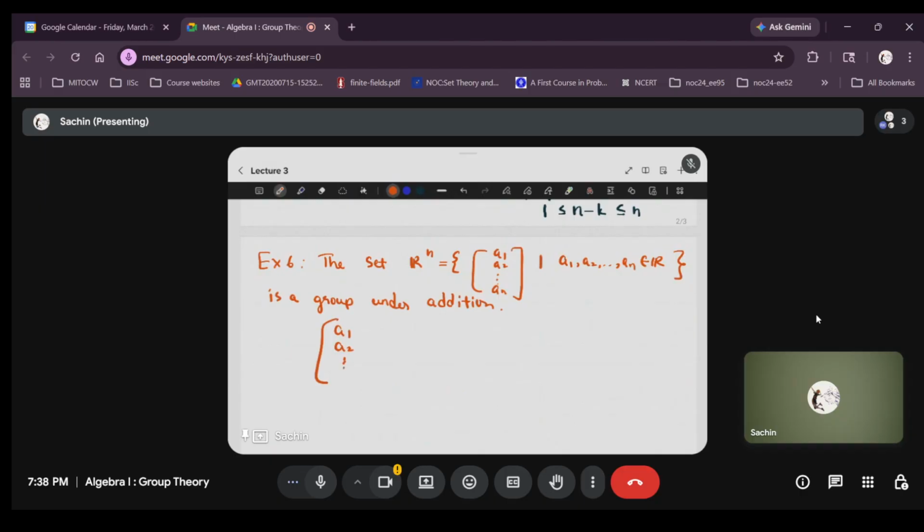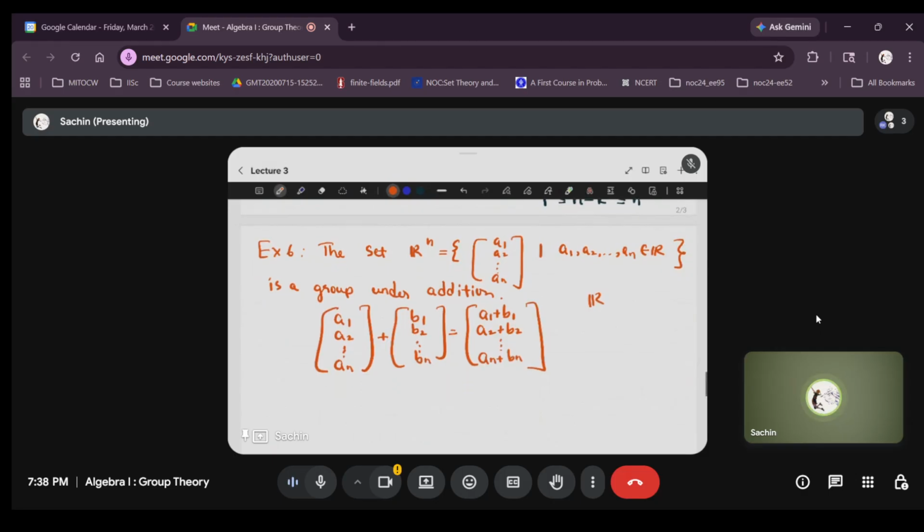So a1, a2, an plus some other vector b1, b2, bn is nothing but a1 plus b1, a2 plus b2, etc. Most of the properties just follow from R. So R was a group under addition.